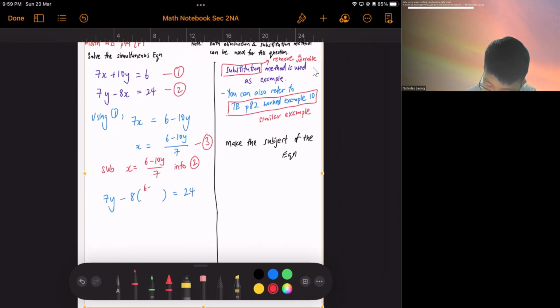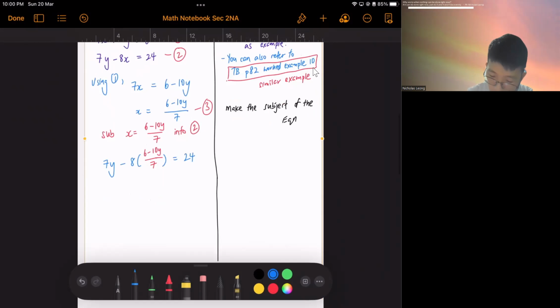So (6 minus 10y) over 7. Okay, let me write my 10y properly. Okay. So after that, since there's a bracket, I need to expand it out.